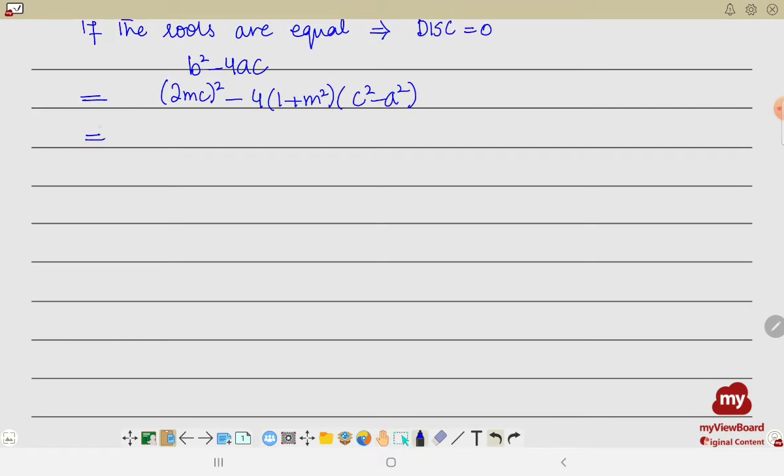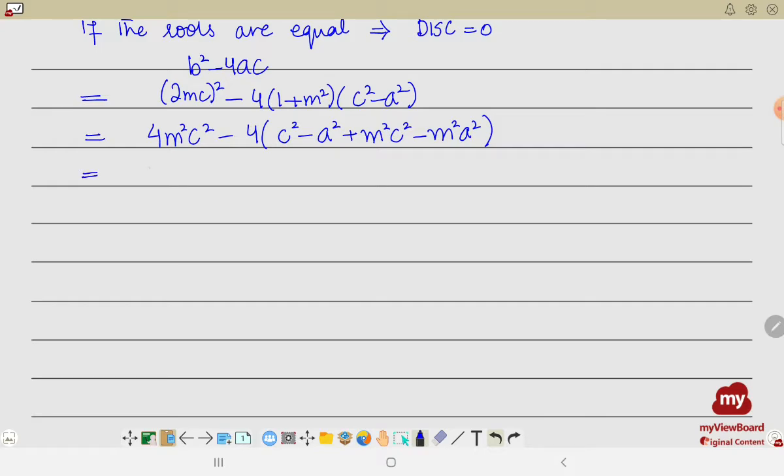We're going to open up the brackets. So it will become 4m square c square minus 4 times (c square minus a square plus m square c square minus m square a square). Let's solve it further.